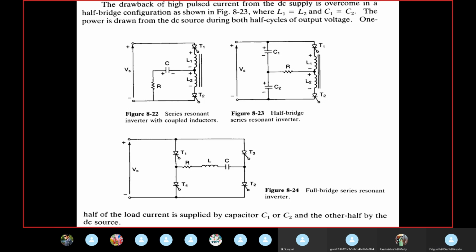Okay, and this is a full bridge, which is used for higher output power. So when T1 and T2 are fired, a positive resonant current flows through the load, and when T3 and T4 are fired, a negative load current flows and the supply current is continuous.